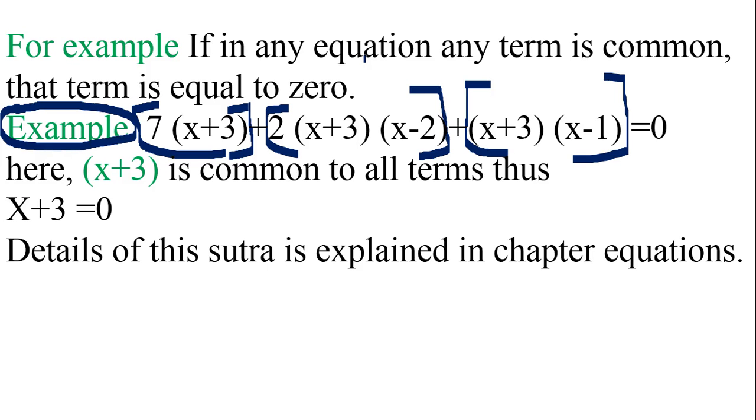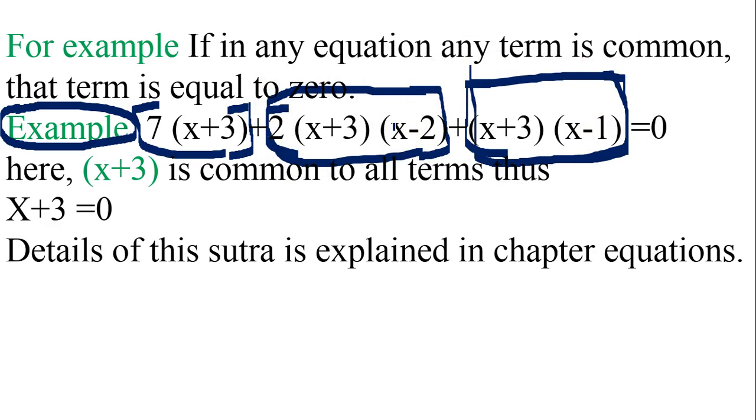For example, in this portion, x plus 3 is common in all the partitions. Here x plus 3 is common to all the terms, thus x plus 3 equals 0.